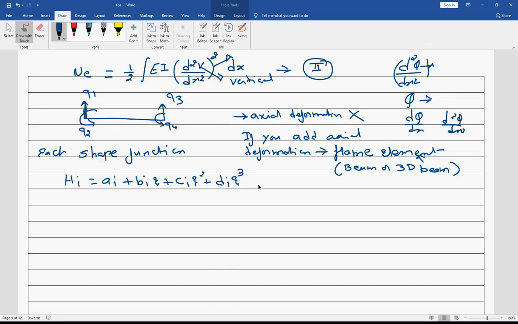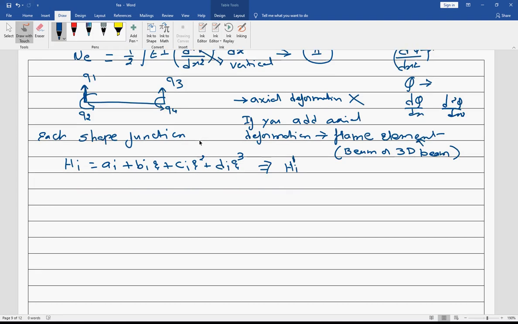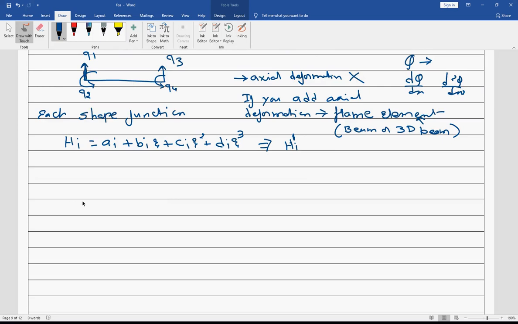Okay. So apart from hi, I will also require hi dash, because whatever Q2 and Q4 are representing, that is the slope, that means those are the derivatives. Okay, so let's try to draw the shape functions first of all. So first shape function I am trying to draw.